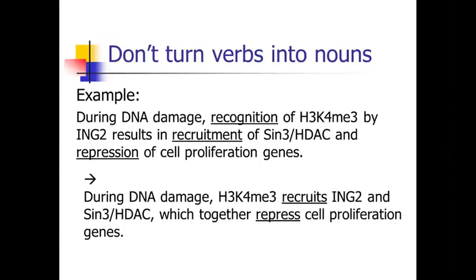That sentence just moves along so much more nicely, and I know specifically what's happening in that sequence of events. So it forces you to be very specific and really nail down what's going on. It forces you to say exactly who does what to whom in terms of the proteins. So watch out for this in your own writing. Try to get rid of some of these nouns and turn everything back into verbs.